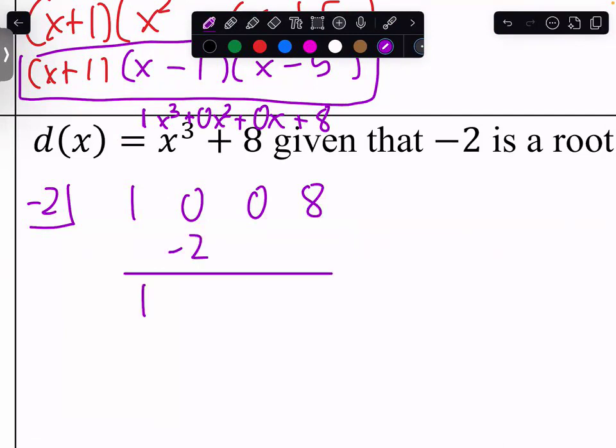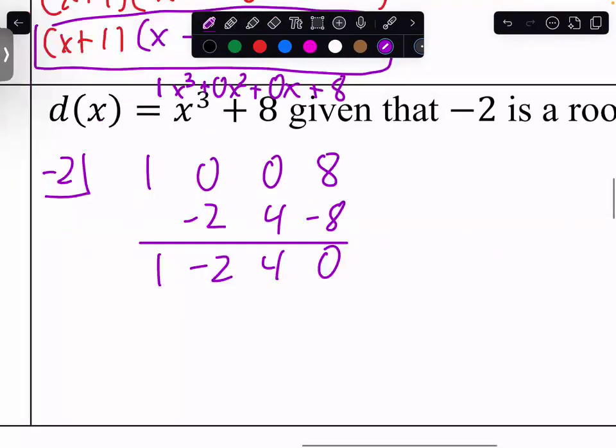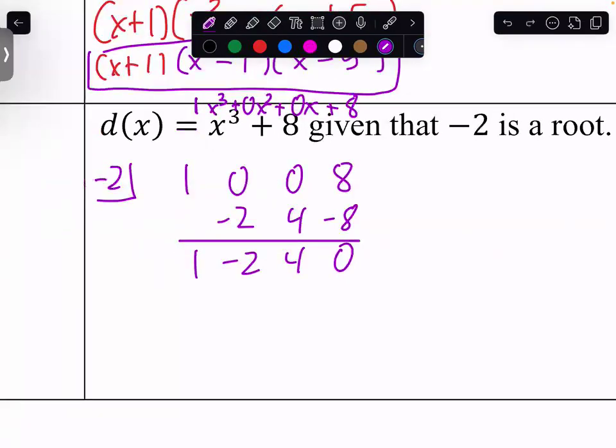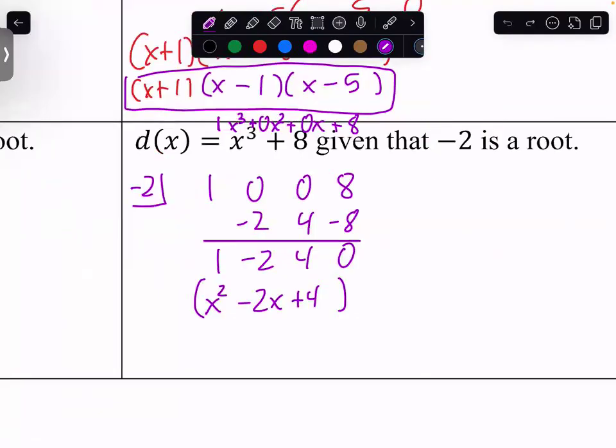Okay, so 1, -2, -2, 4, 4, -8, 0. So -2 is indeed a root. We start with x cubed, so that goes down to x squared, x, constant. And if -2 is a root, then x plus 2 would be a factor.